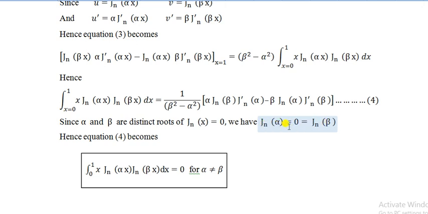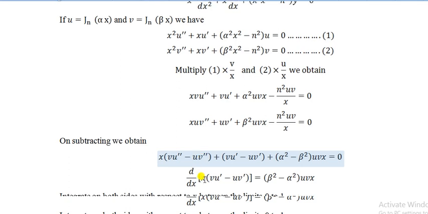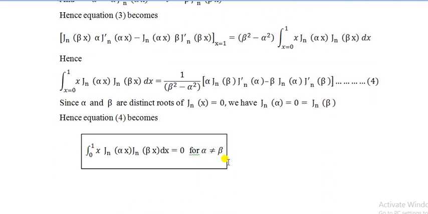Using these in equation number 4, Jn(beta) is 0 and Jn(alpha) is 0, so the right-hand side becomes 0. Finally, equation 4 becomes the integral from 0 to 1 of x Jn(alpha x) Jn(beta x) dx equal to 0, which is the required proof of the orthogonal property of Bessel's function when alpha is not equal to beta.